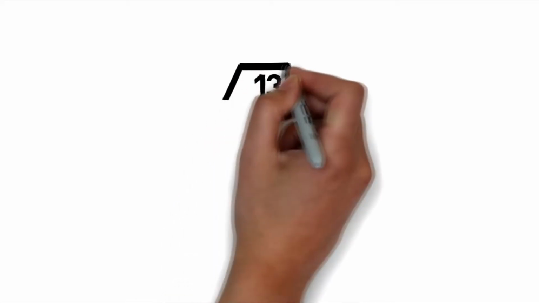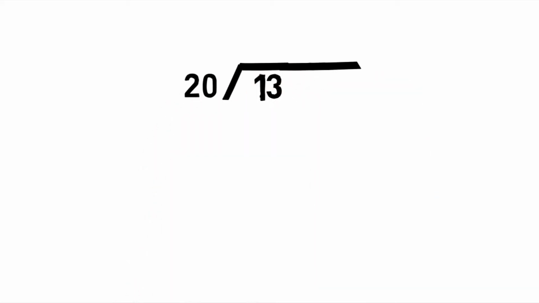We have here 13 divided by 20. Can we divide 13 by 20? Very good. We cannot divide the lesser number by a greater number. In this case, we annex 0 to the right of 13.